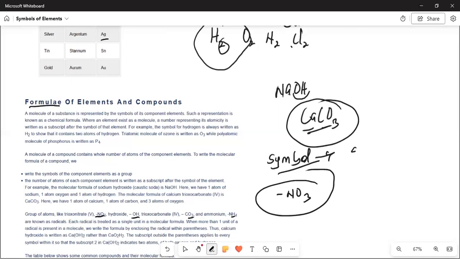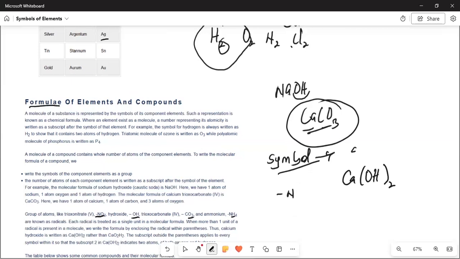So when more than one unit of a radical is represented in a molecule, we write the formula by enclosing the radical within parentheses. What does that mean? Calcium hydroxide, for example, is written as Ca(OH)2. You can see the group OH is enclosed in a parenthesis because in calcium hydroxide, you have two OH groups. That is the meaning of that.